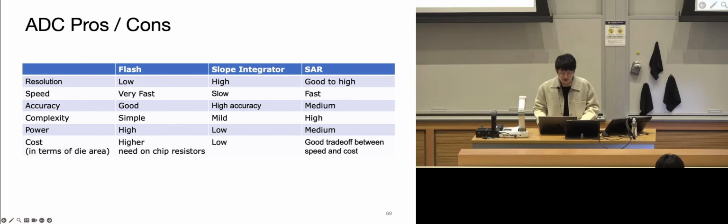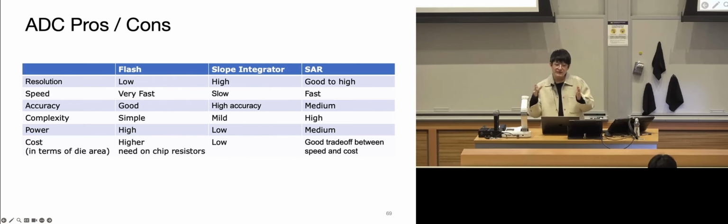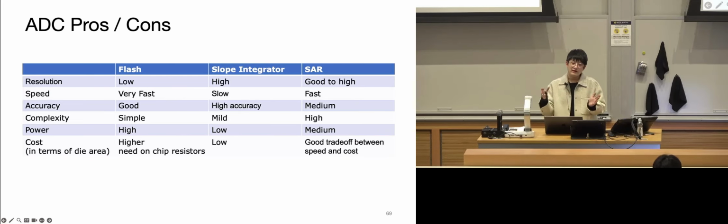The slope integrator is also strong in resolution, meaning it's able to support higher bits of the ADC more easily because it's doing the time counting, which is something you can do with very high clock cycles, so very high resolutions essentially.